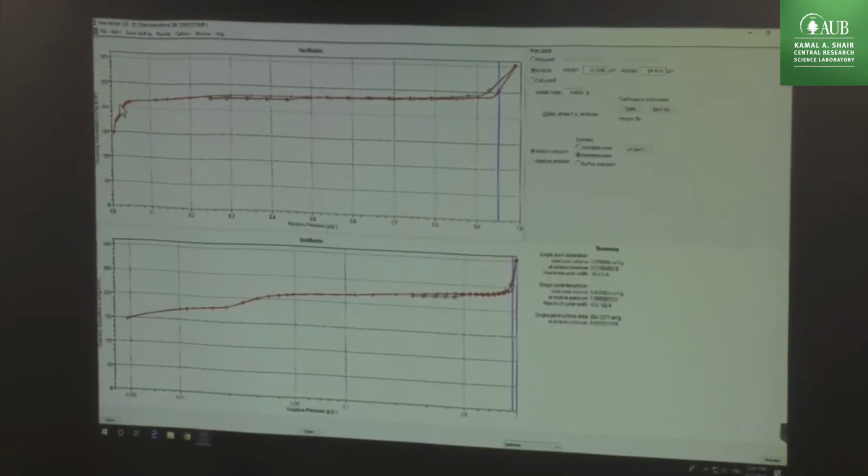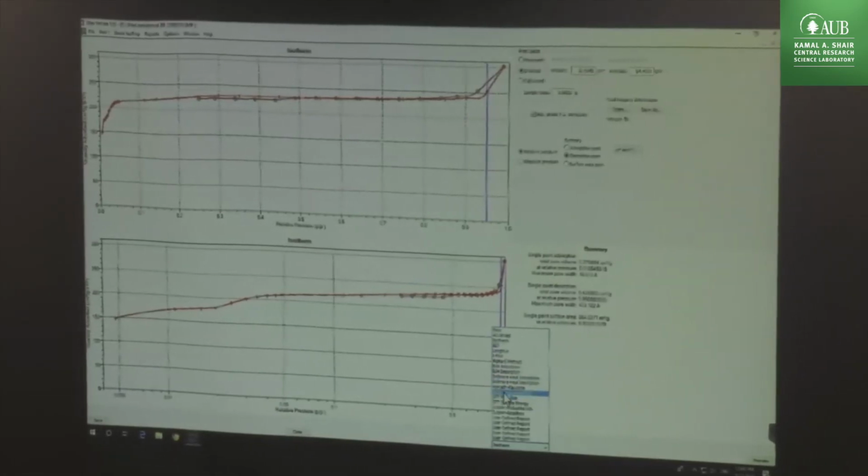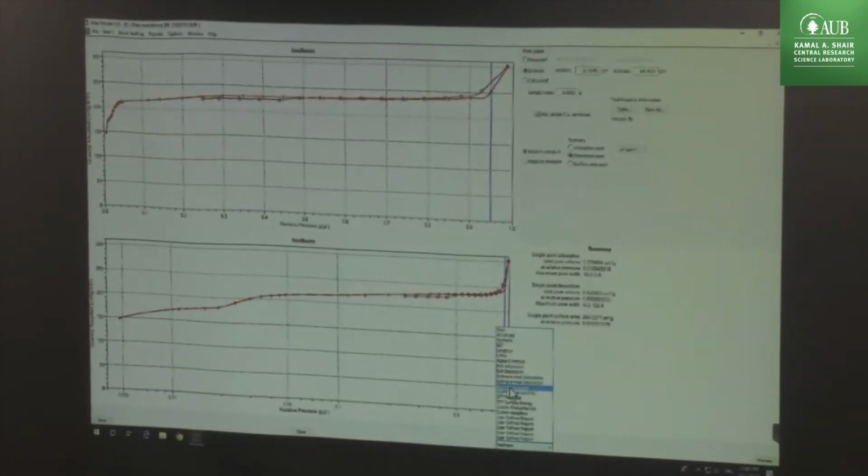Well, it's not well defined because we don't have many points. So here what we measured is the 16, you can see it, and the other one was much larger in volume, but smaller in size than that one. But we cannot see very well what size it is because they are not well defined. This is the non-local. If I have more pores, I will have to have more points. Yeah.